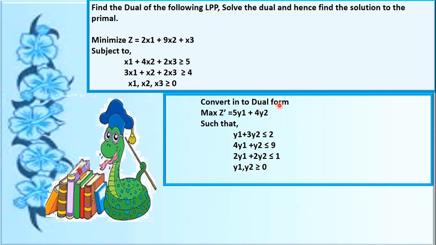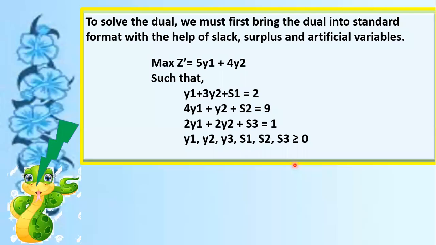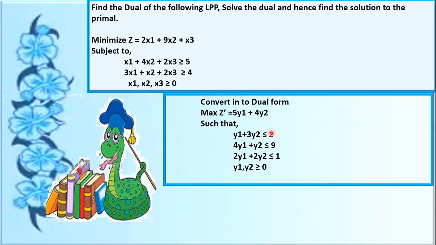Now next step, like the simplex method, convert into standard form. Maximize z equals 5y1 plus 4y2 subjected to the constraints. If you see the previous, there are three constraints. All are having lesser than or equal to inequalities.